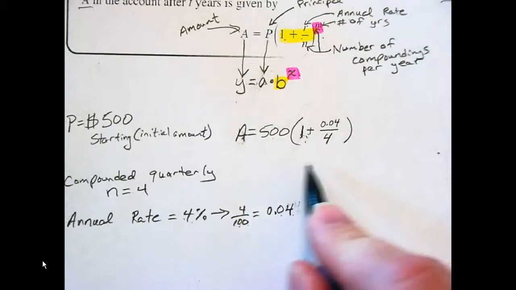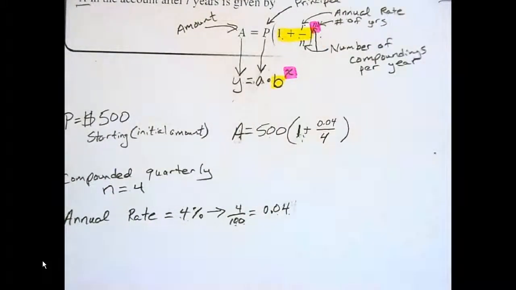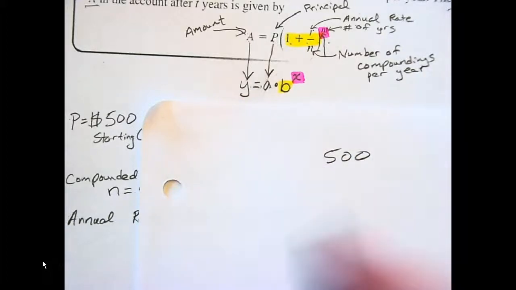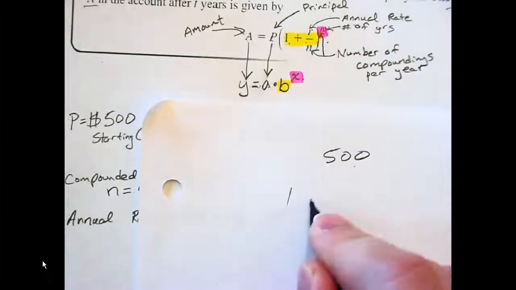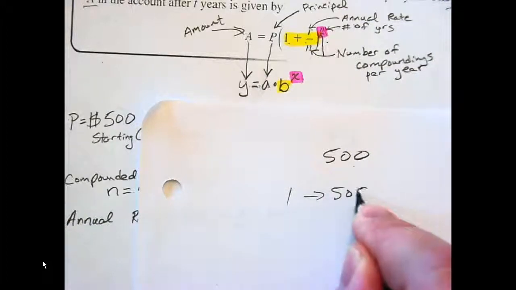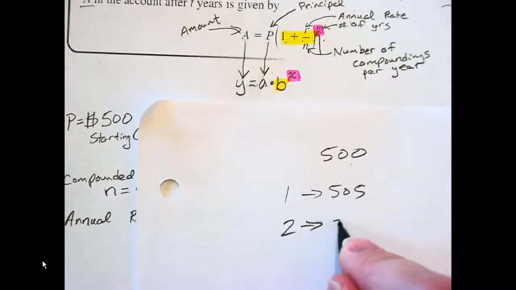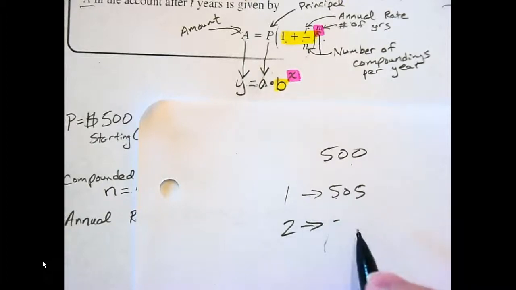The first time, just really quick so we'd see how this would build, when time is 0, at the very beginning, I get 500. At my first compounding period, I am now up to 505. In my second compounding period, I multiply this by 1%.